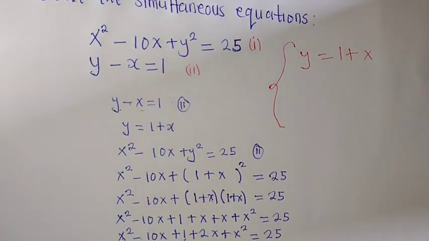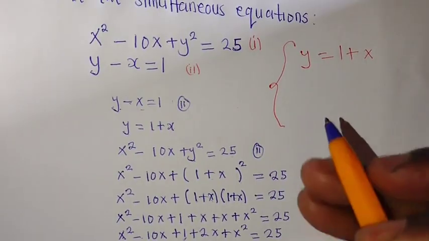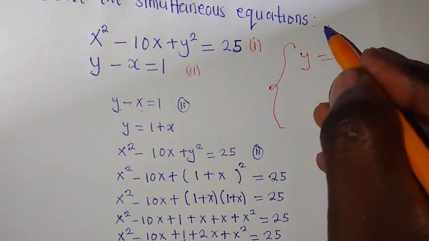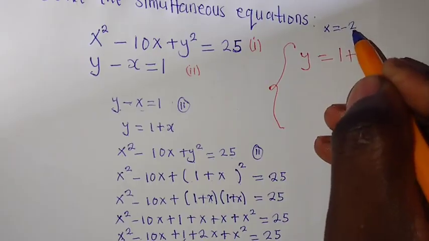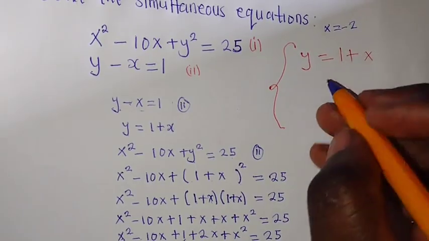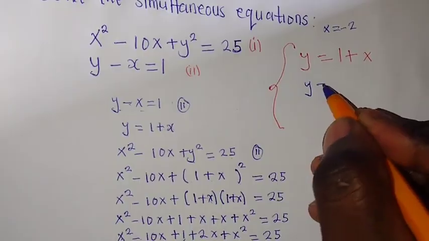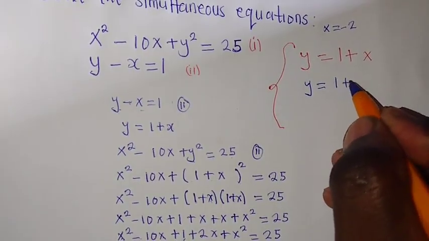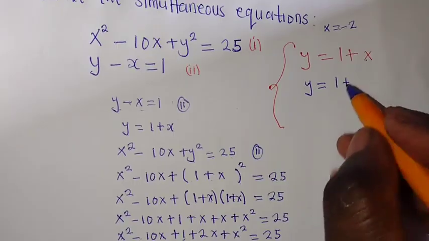Now remember, we have found two values of x. We have said x is equal to negative 2. So we are going to use this first one. We'll say y is equal to 1 plus, where there is x, we'll put a negative 2.